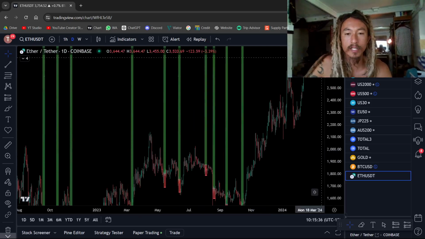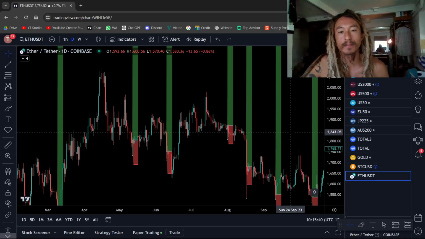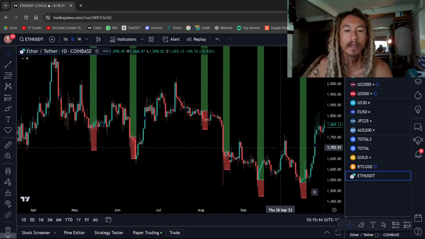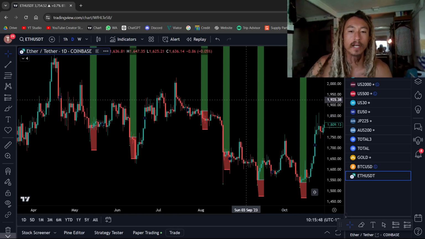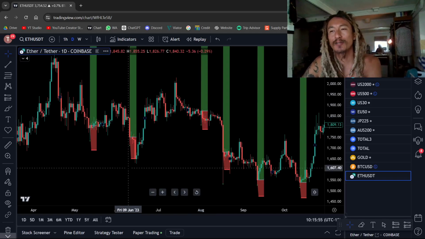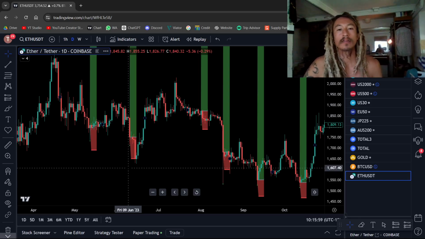Now, we had some losing signals. So here's the thing. One of the things I really like about our system is that we use a stop loss. I was in some signal groups early on in my trading, and what I saw that I didn't like was that they would give a buy signal and no stop loss, and then I would see in the group people shove all in, and then price dumps 50%, and they're like, fuck.